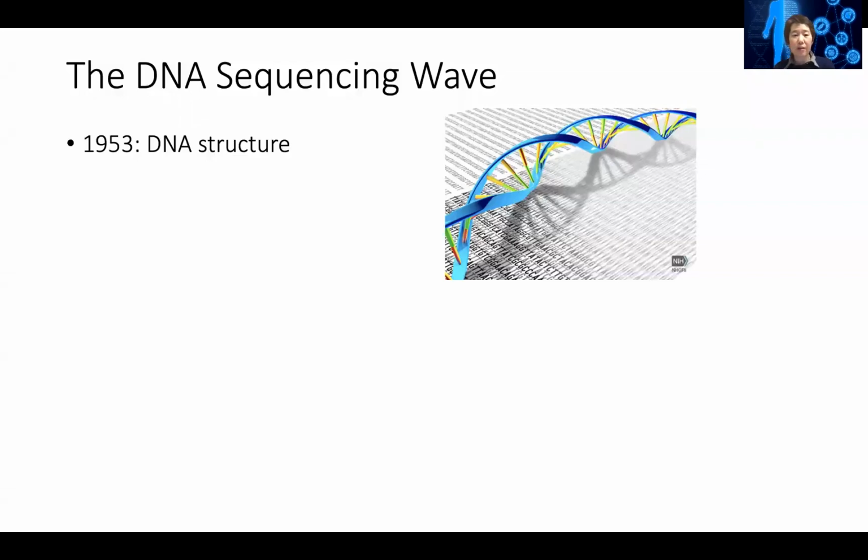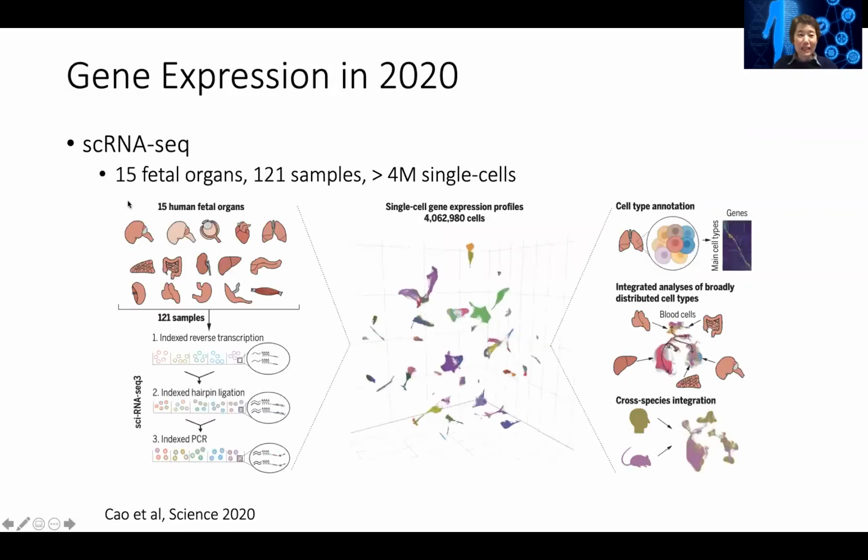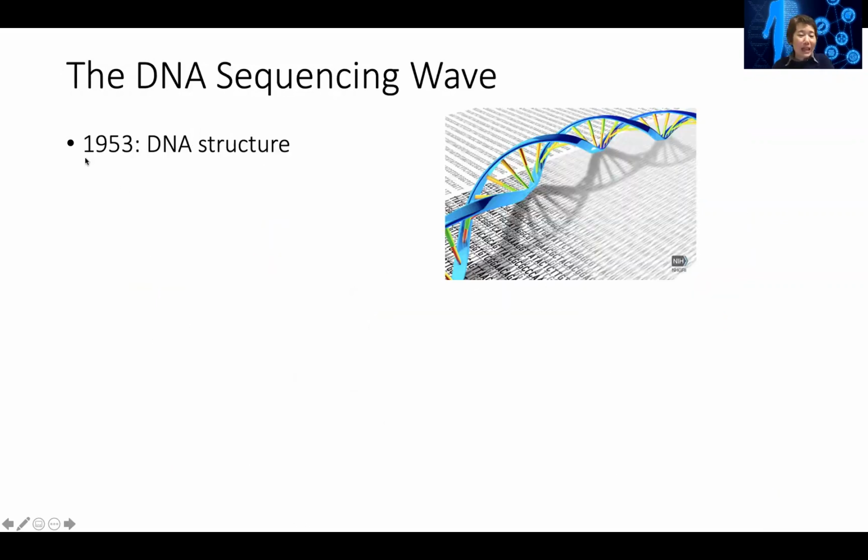The next wave of bioinformatics is the DNA sequencing wave. If you look at the previous slide, we mentioned single-cell RNA sequencing. This is actually a DNA sequencing approach, right? So in 1953, Watson and Crick discovered the DNA structure to be a double helix.